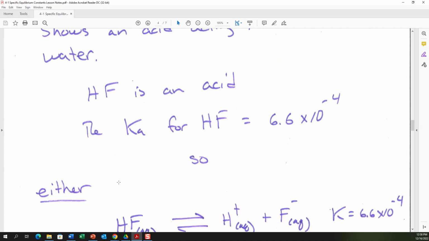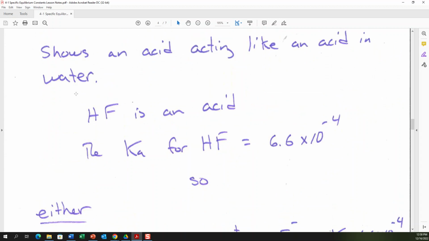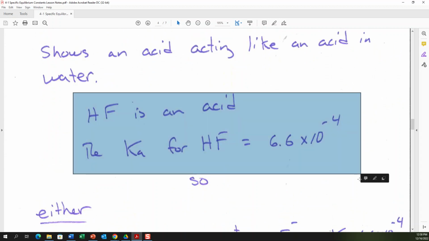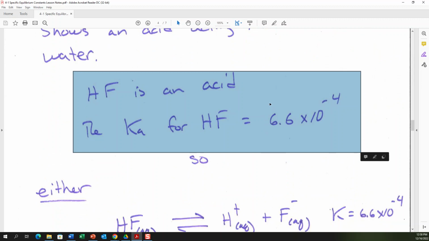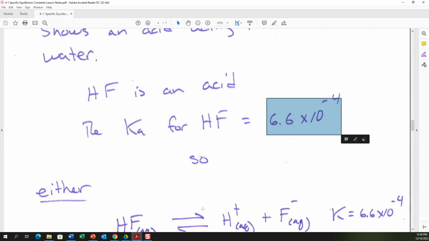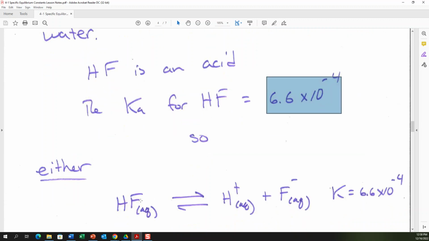But if you want to simplify it, if I'm told the Ka for hydrofluoric acid is 6.6 times 10 to the negative 4, then I'm given the equilibrium constant for this particular reaction, HF acting like an acid in water. So how does HF act like an acid in water? It dissociates and forms H plus and F minus.